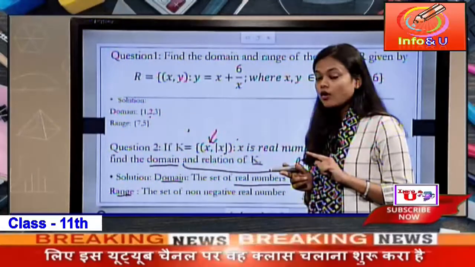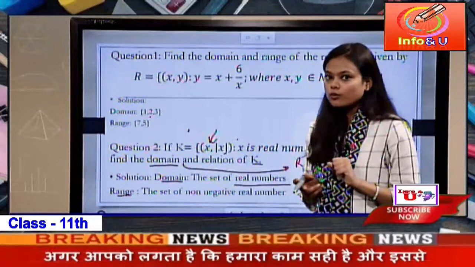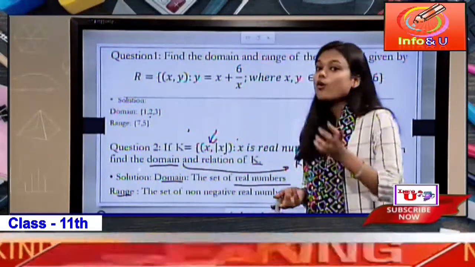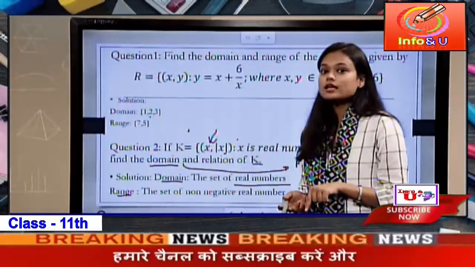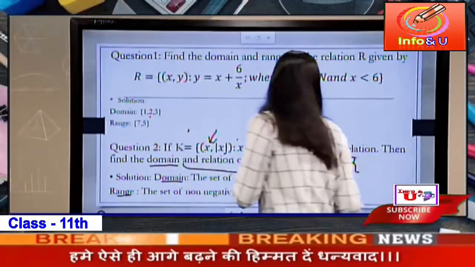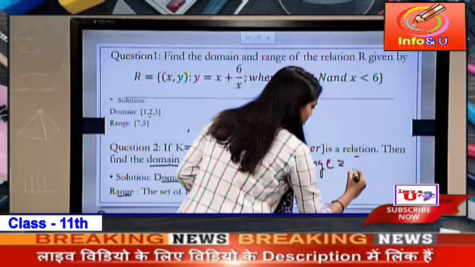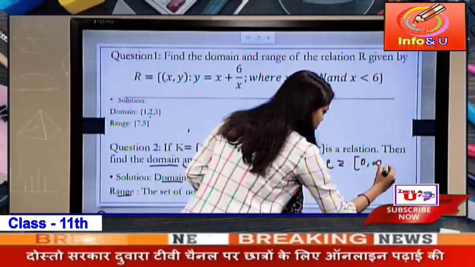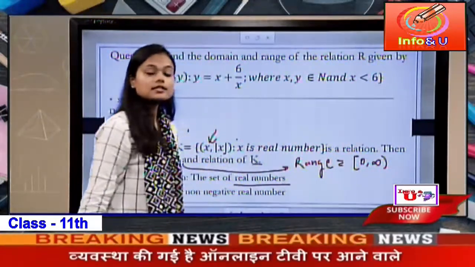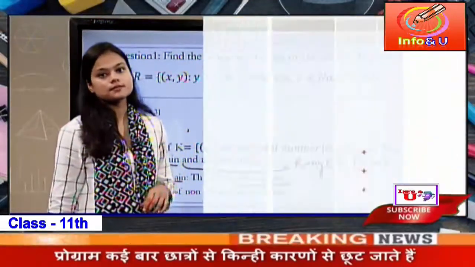Think upon it. Why is this so? Because if we take 0, the modulus value of 0 is also 0, and 0 will also be there in the range. So the range becomes 0 till infinity, and this represents the set of all non-negative real numbers.